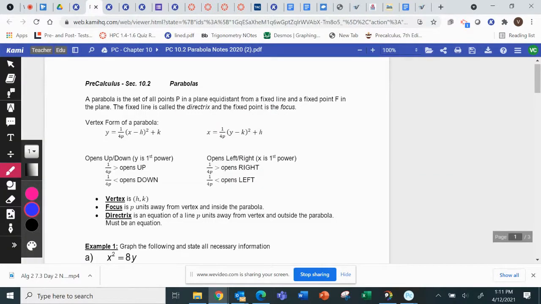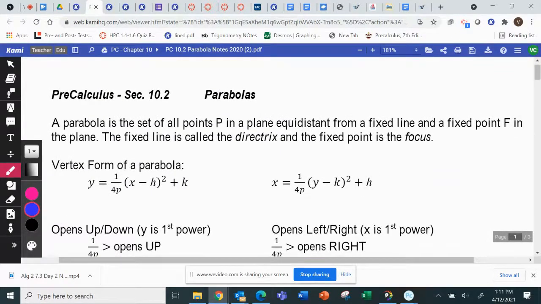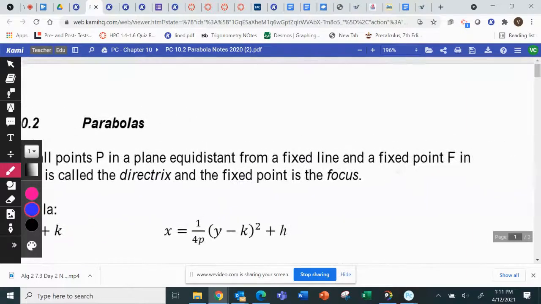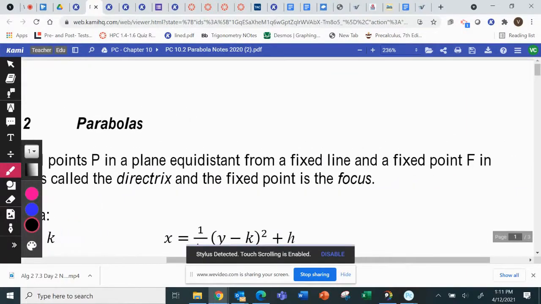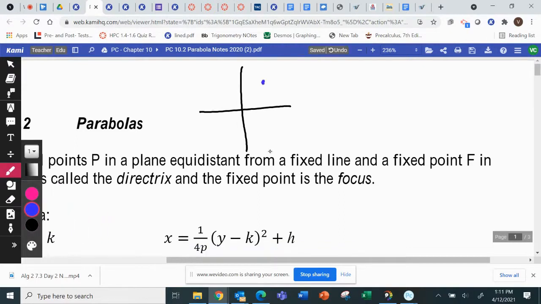The second worksheet is all about parabolas. So while you're getting that open, if you haven't opened it already, I'm just going to draw a couple parabolas up here. If you've already opened it, I'm just drawing a couple parabolas up here. Let's see, we have parabolas that open up, we have parabolas that open down, right?